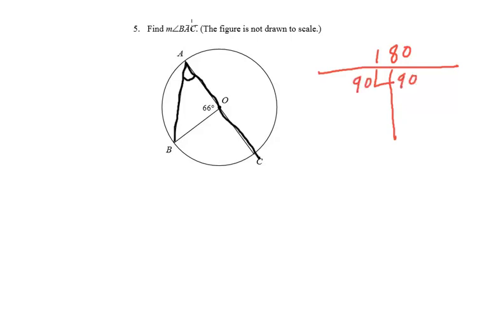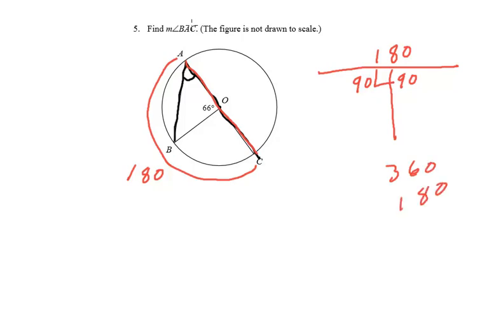So this line right here is 180 degrees. This arc from here to here is 180 degrees, which is half a circle. It's going through the middle of the circle, and a circle is 360 degrees, so cut in half, it's 180 degrees.